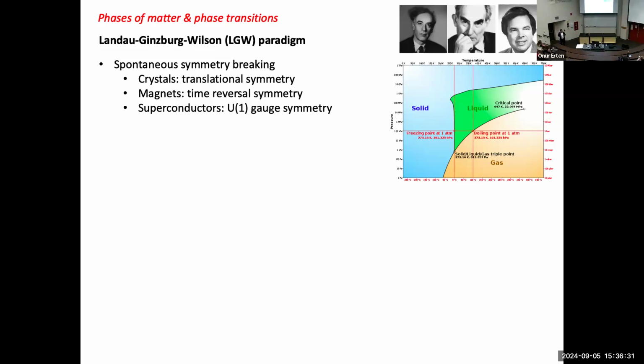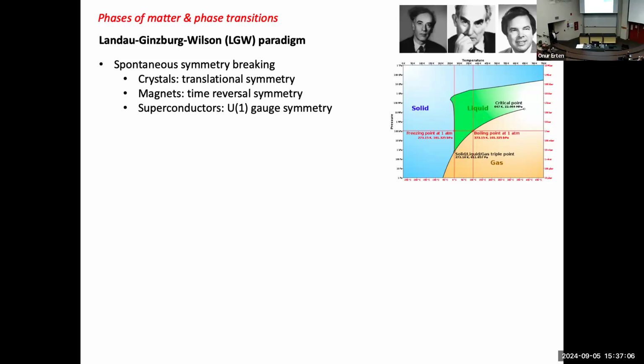So in principle, the interaction between the atoms and molecules does not restrict the atoms to sit at certain positions. So in principle, the Hamiltonian has a continuous translational symmetry, whereas in a solid, this is broken down to discrete translational symmetry, right? So this concept of spontaneous symmetry breaking is, in principle, how we define most of the phases of matter in nature.